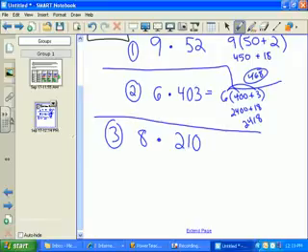So 8 times 2 is 16, then you have the 2 zeros, 1,600. 8 times 10 is 80, so 1,680 would be your answer. So using the distributive property, instead of doing 8 times 210, you're doing 8 times 200, and you're doing 8 times 10.